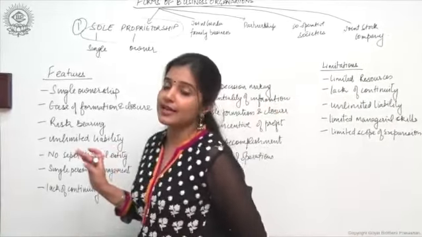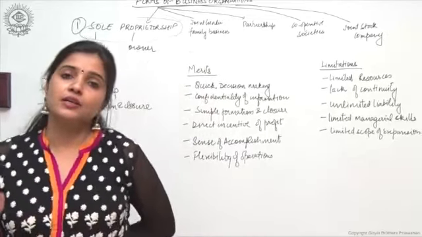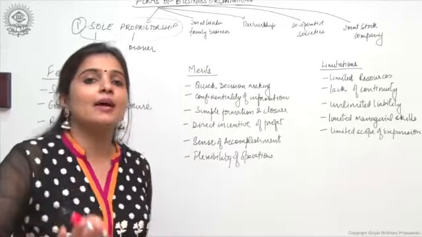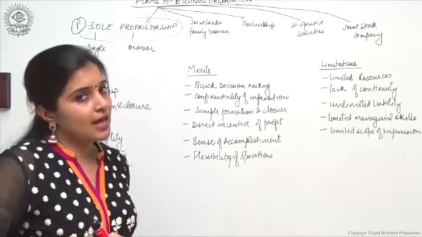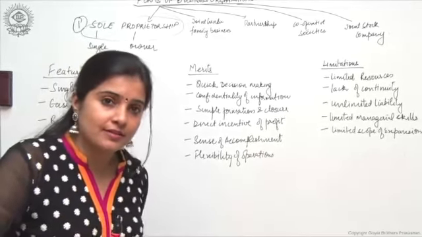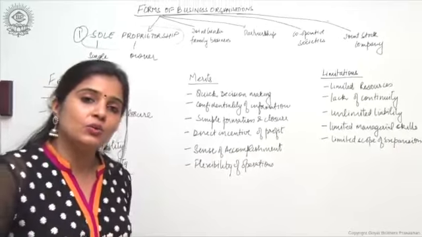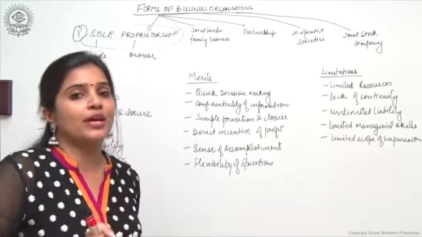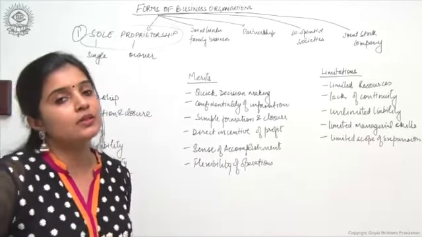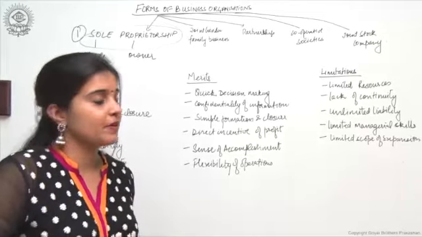Even his personal assets can be used to honor the payments. This is called that his liability is unlimited, meaning his liability is not limited to his business assets. His liability can include his personal assets also, can use his personal assets also to honor the business commitments, right?